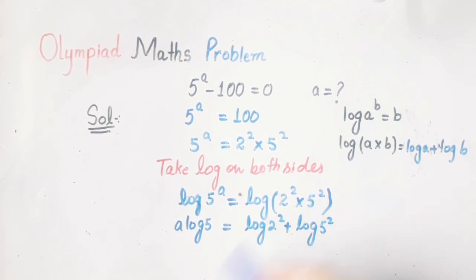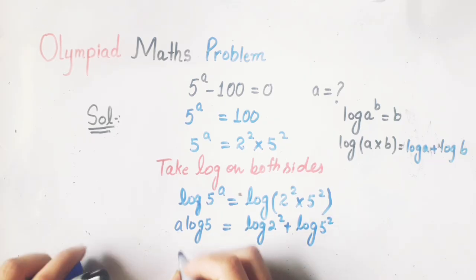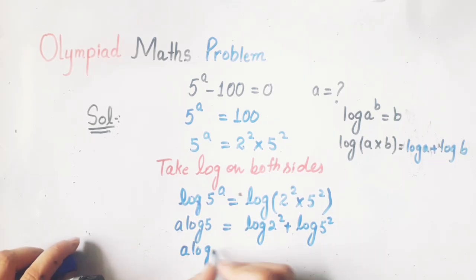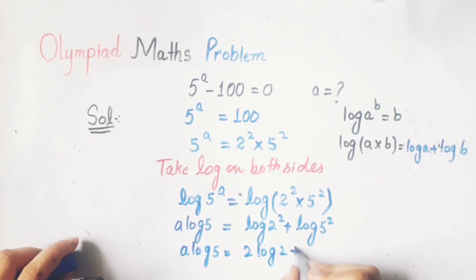Now the power is in the start, so we have a log 5 equals 2 log 2 plus 2 log of 5.